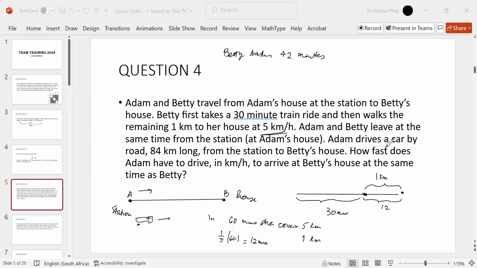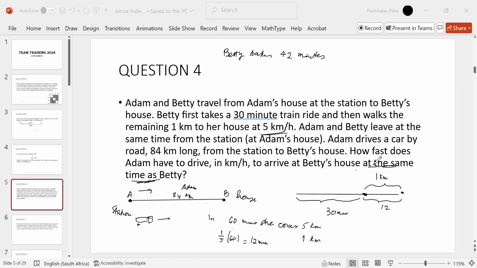Now, Adam travels by car, right? The road is 84 kilometers long from the station to Betty's house. So Adam now, the entire distance he travels is 84 kilometers. He travels by car from here to this, right? And he arrives at Betty's house at the same time as Betty.